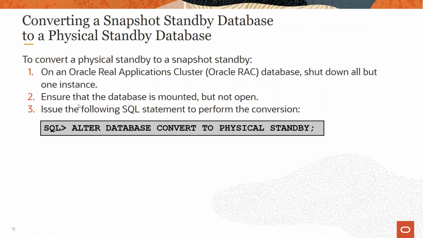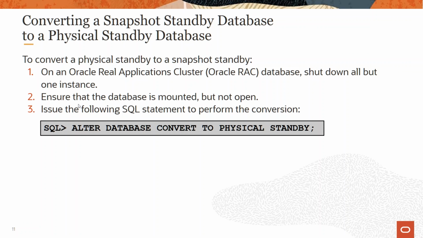Number two, even though your physical standby database is converted to a snapshot standby database, redo can be transported to the standby database continuously. The benefit is, when you convert it back to a physical standby database, since the redo is already available on the physical standby side, we can simply resynchronize the converted physical standby database.